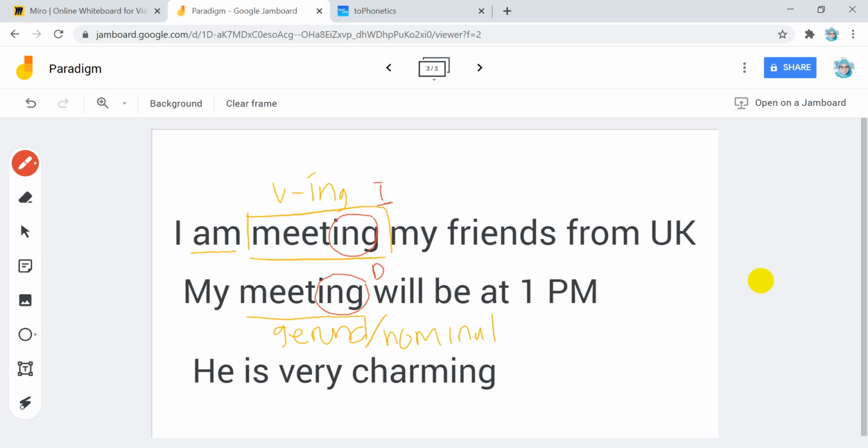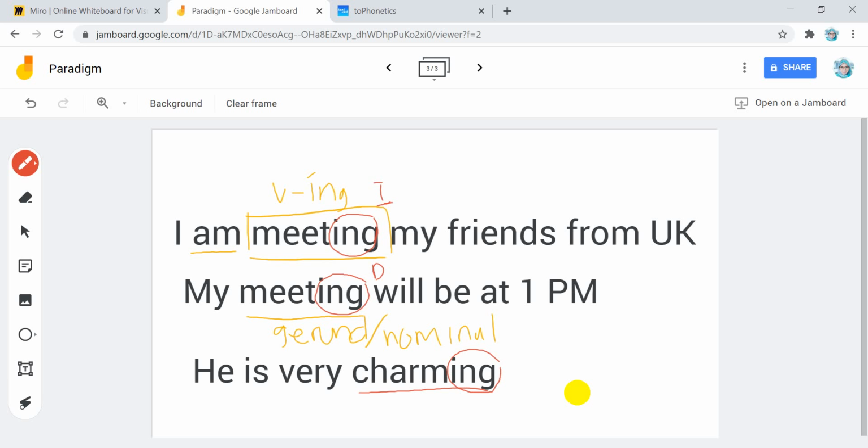Another example is the third one here. He's very charming. If we look at the last word, there is verb ing. Is it inflectional? Of course not. Even though we have "is" here, this is not inflectional. Why?